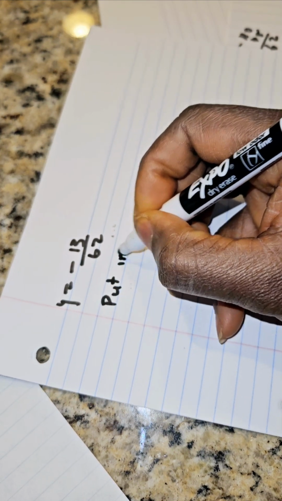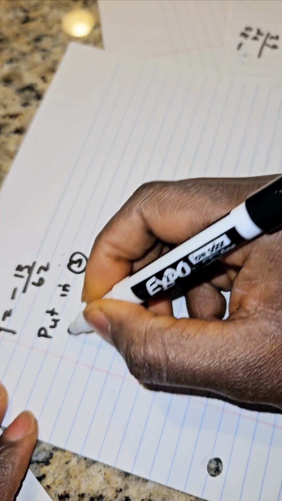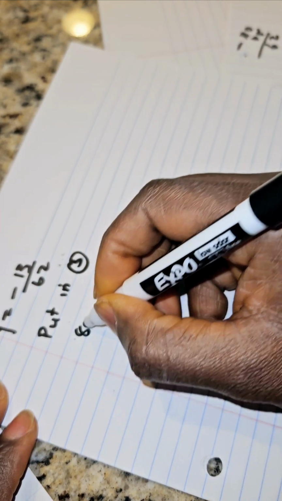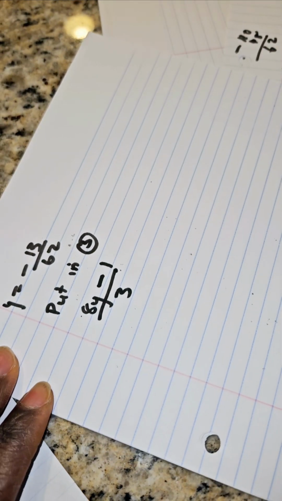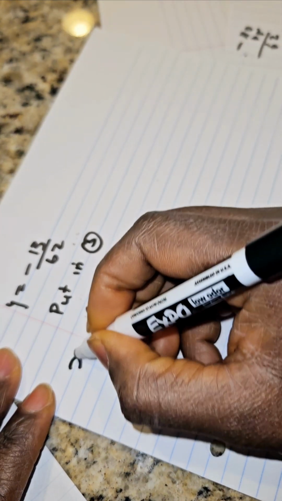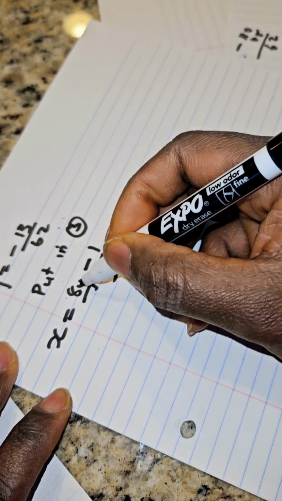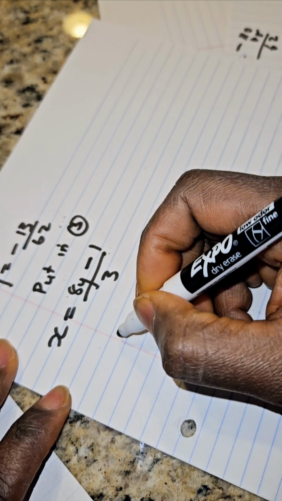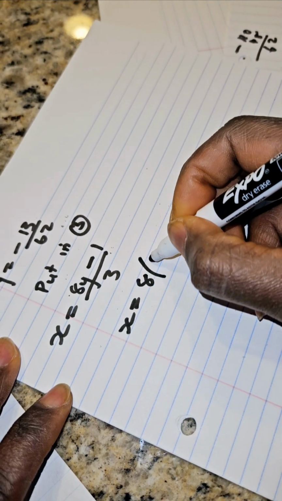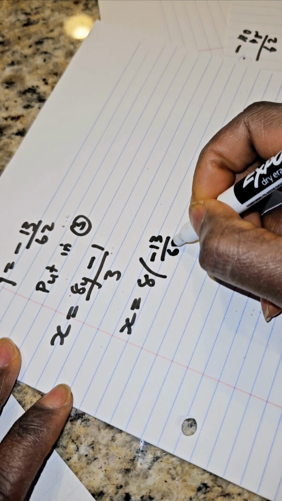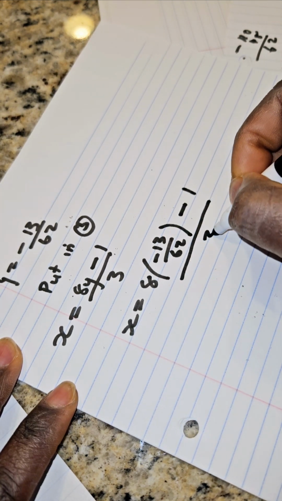And 3 is x equals 8y minus 1 over 3. So if I put in the place of y this value, I will have x is equal to 8 times negative 13 over 62 minus 1 all over 3.